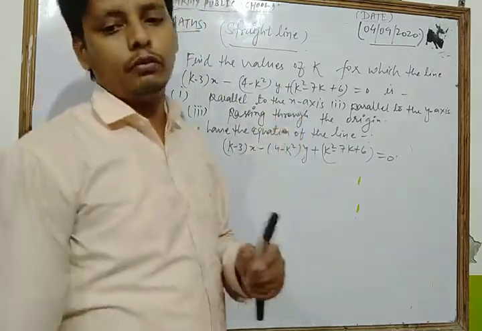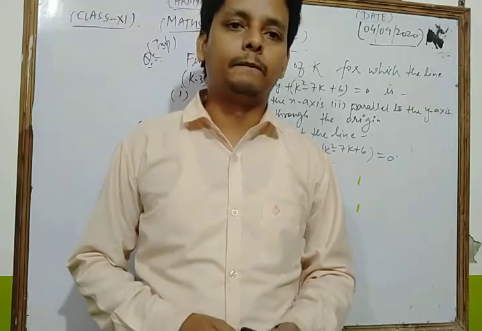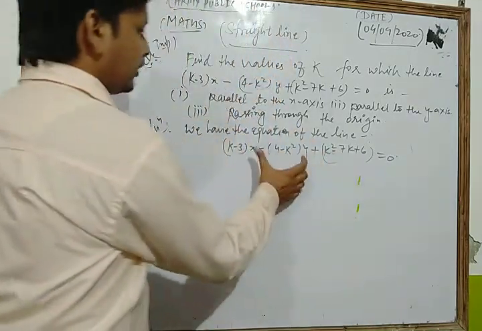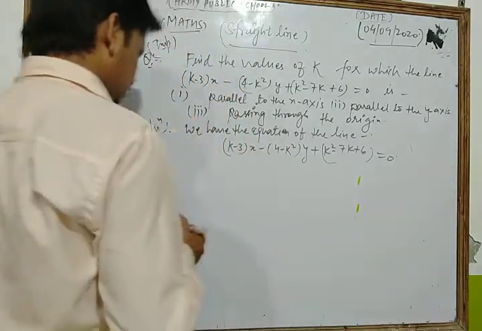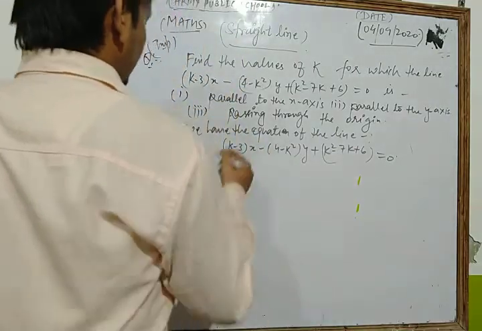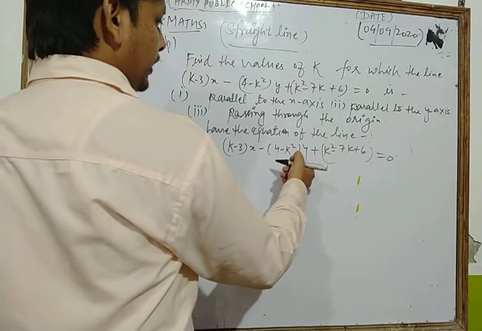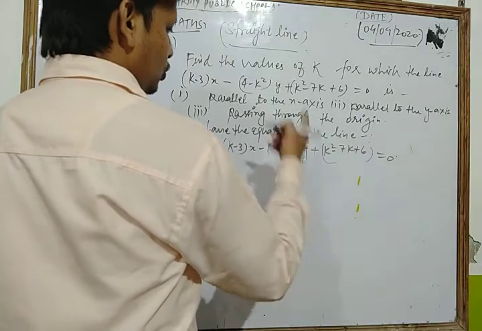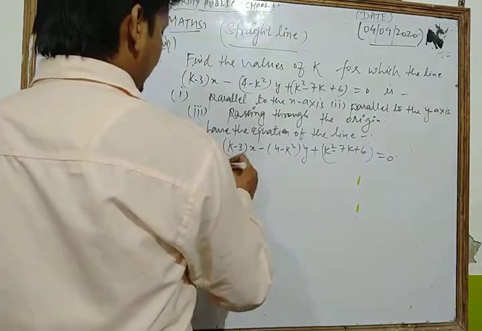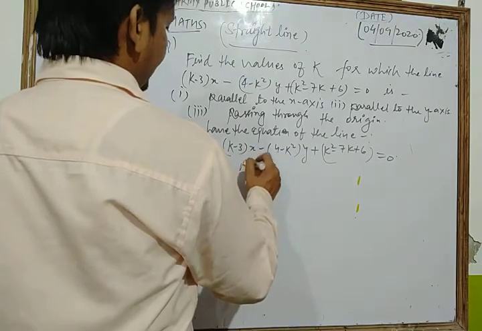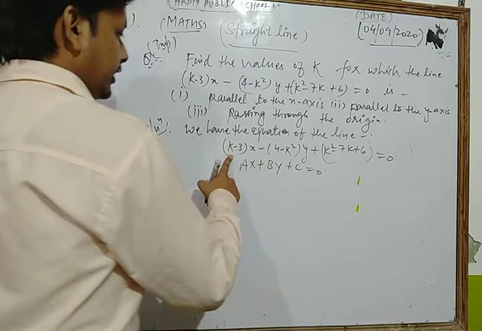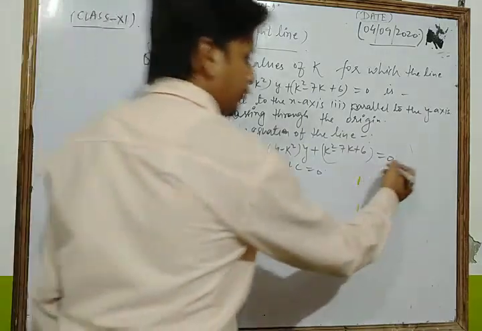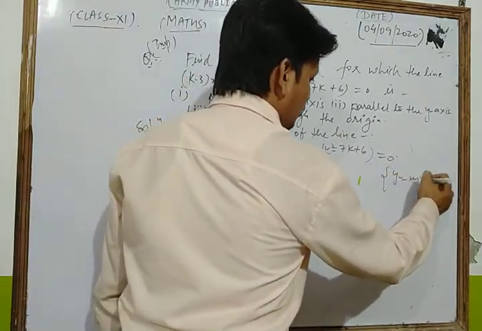Dear student, first of all we find the slope of the given line. First we convert this equation of line into the slope intercept form. This is the equation of a line in the form ax plus by plus c is equal to 0. Now we convert this equation into slope intercept form, meaning y is equal to mx plus c.